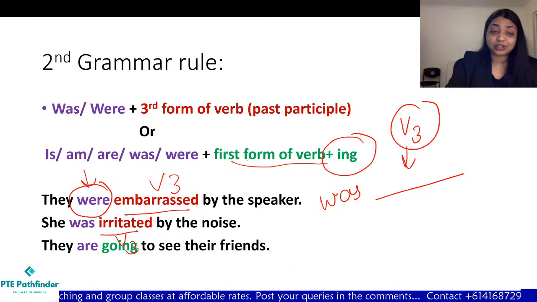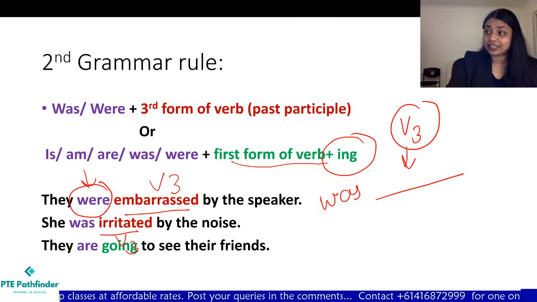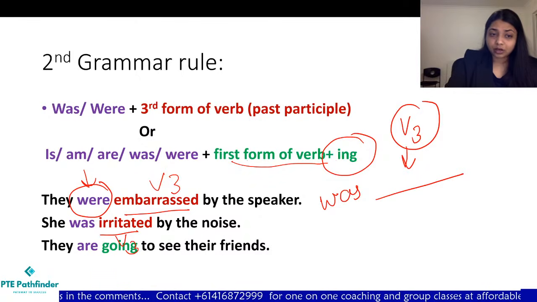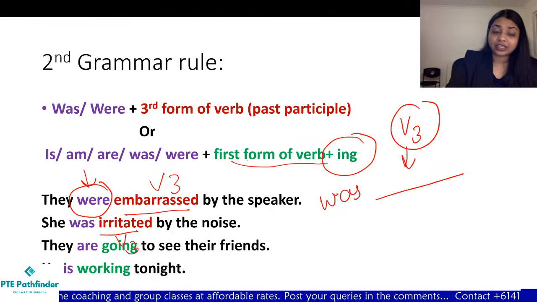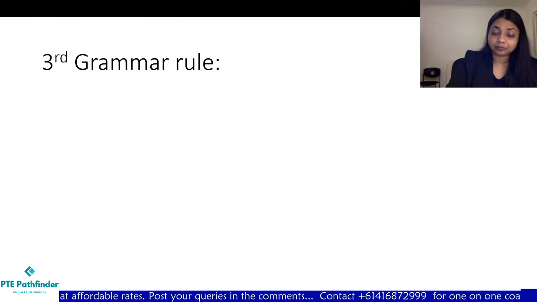You also have to make sure that you're looking at the meaning of the sentences, but sometimes it's quite a good idea to just know the rules. So, they are going to see their friends, verb, the first form of the verb plus ing, and he is working tonight, again verb 1 plus ing.